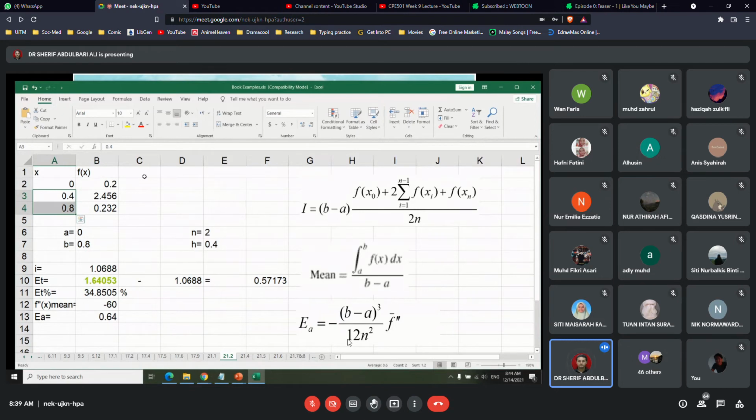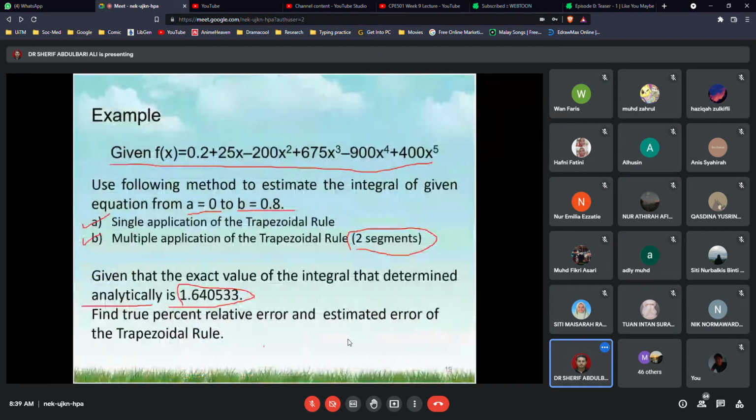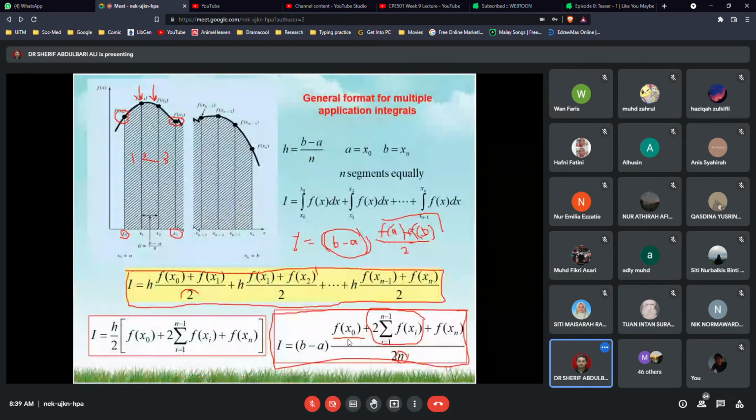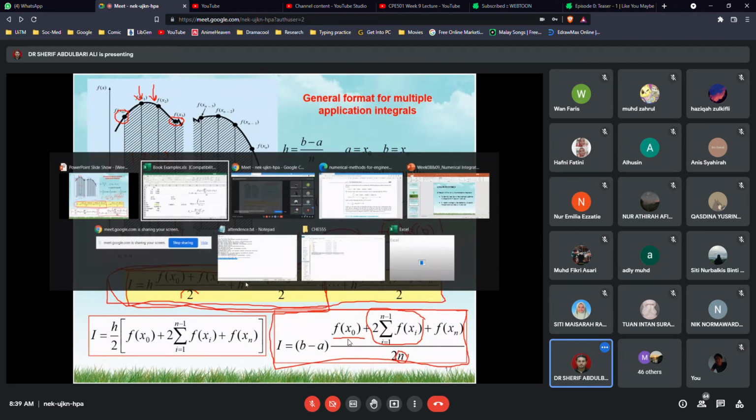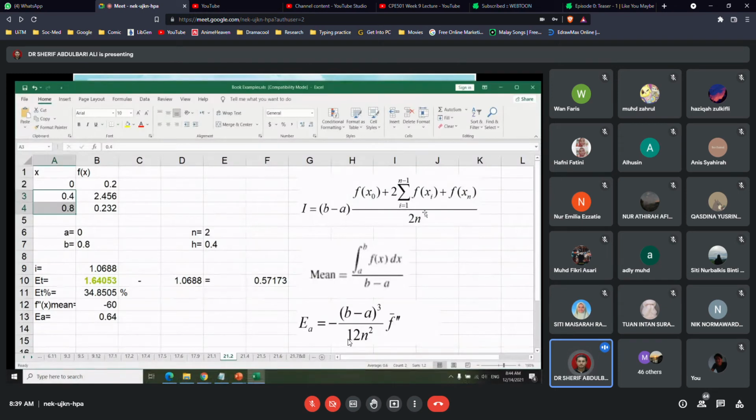Okay, so if you are going to calculate based on this equation here, this means you are going to take just from here to here, these 2 parts only. But we are going to use this equation here.